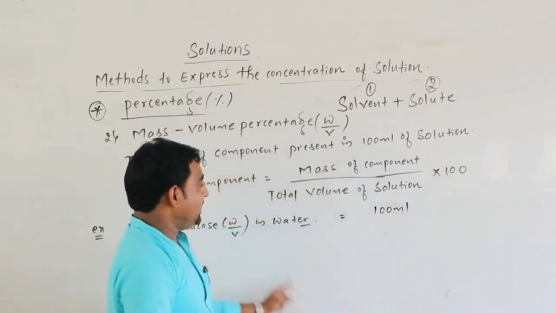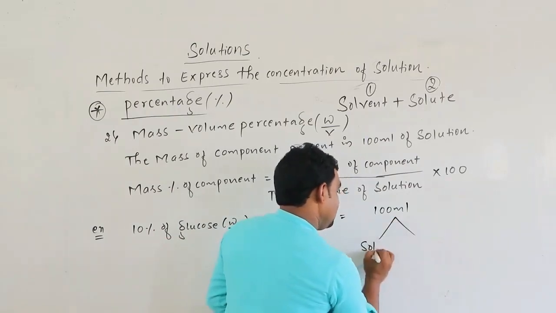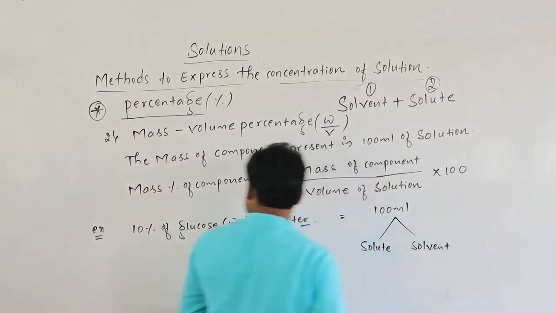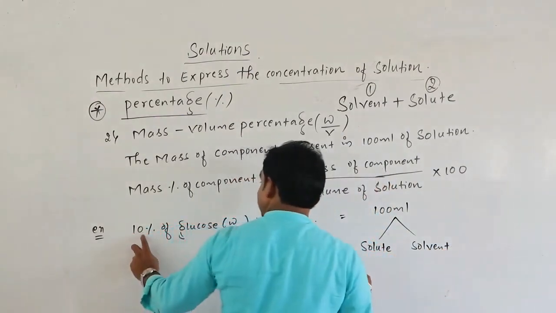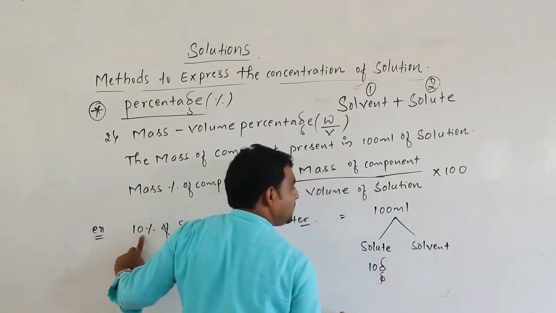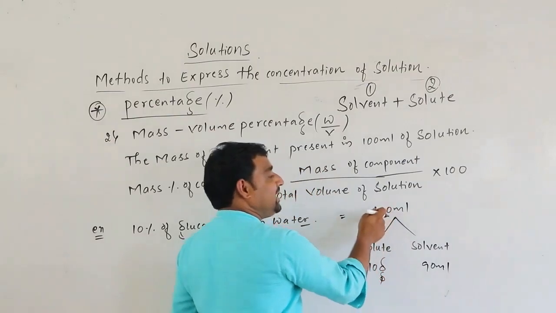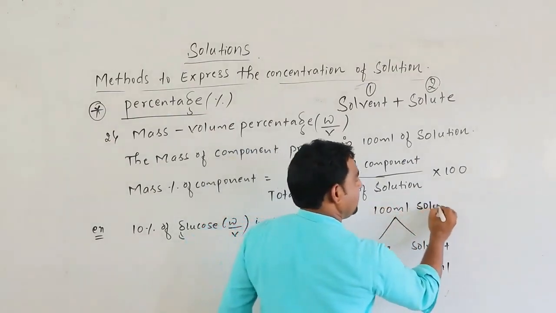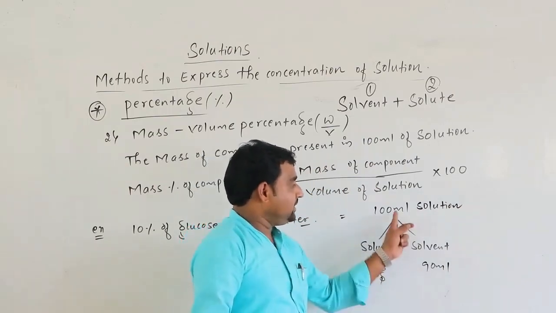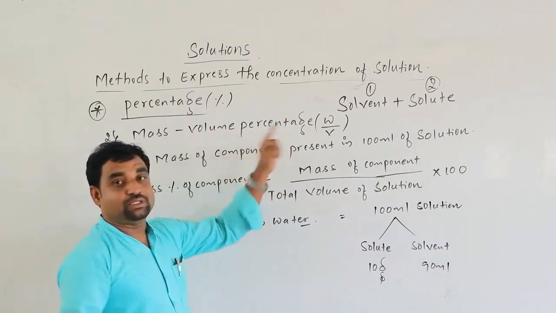Solute is how much? This 10 refers to the solute, 10 gram of solute dissolved in 90 ml of solvent to make the 100 ml of solution. 10 plus 90 is equal to 100 ml. This is the meaning of mass volume percentage.